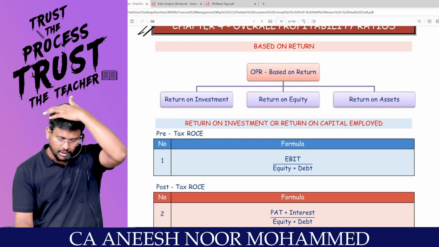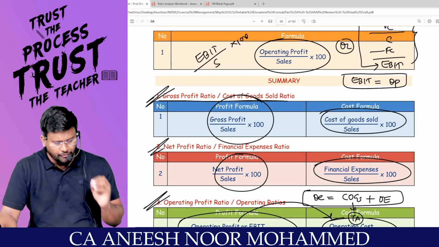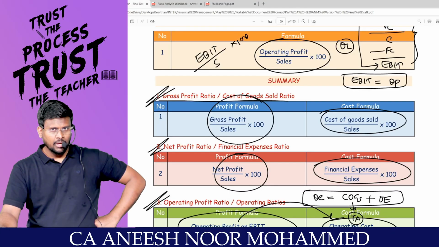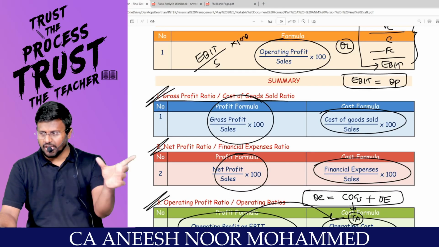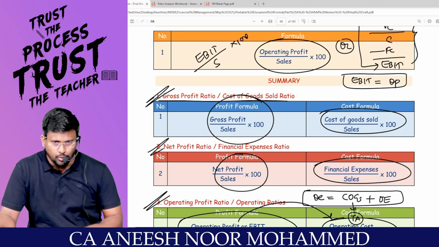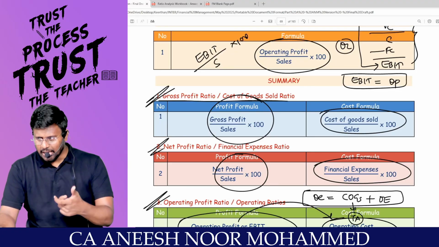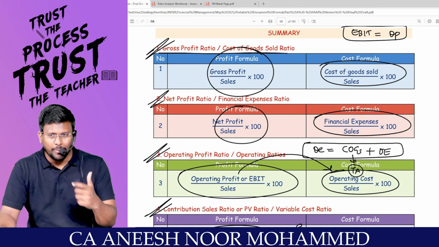Till now, I was simply talking about the normal profitability ratios. GP ratio, gross profit divided by sales into 100. Meaning, out of sales, how much percent is gross profit? What is the cost of goods sold ratio? Out of sales, how much percent is the cost of goods sold? Net profit ratio, out of sales, how much percent is the net profit?